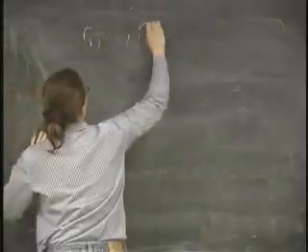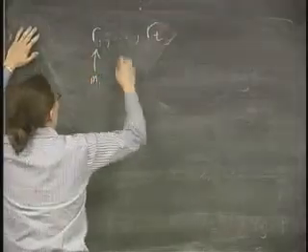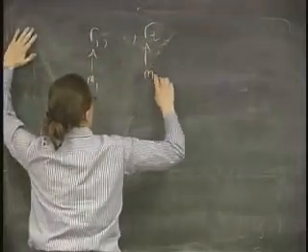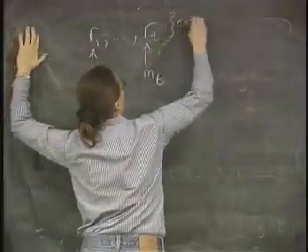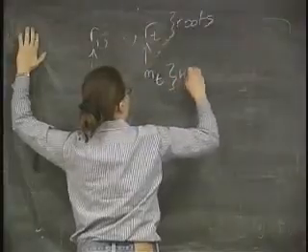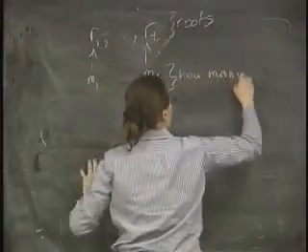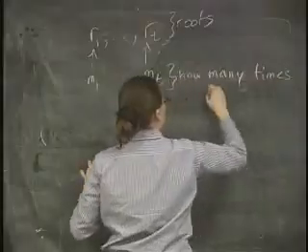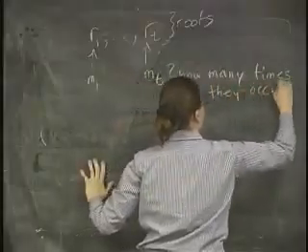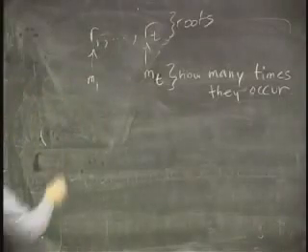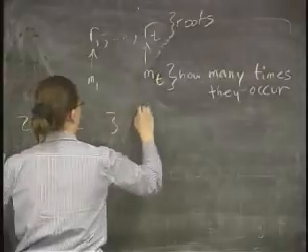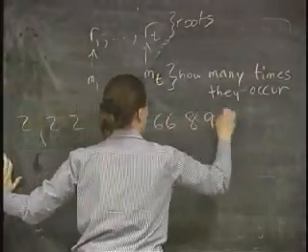If we have roots r1 up to rt, with multiplicities m1 up to mt, that's how many times each of these roots occurs. So we could have, for example, 2, 2, 2, 3, 4, 6, 6, 8, 9, 9.